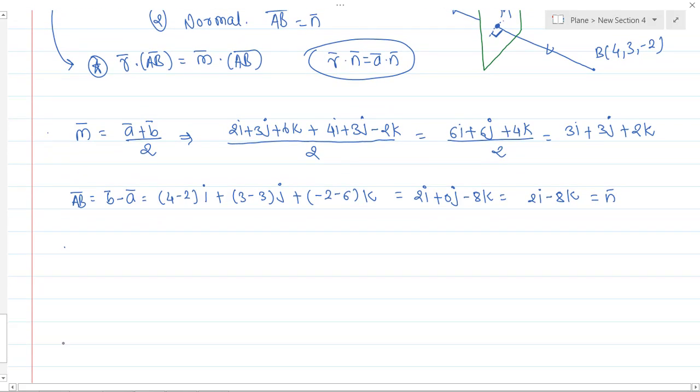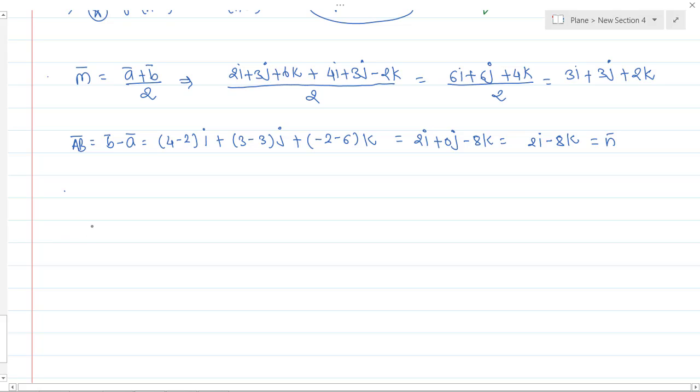So R bar dot AB bar equals, in this case, M bar dot AB bar. This implies R bar dot AB bar, which is 2i minus 8k, equals M bar, which is 3i plus 3j plus 2k, dot 2i minus 8k.